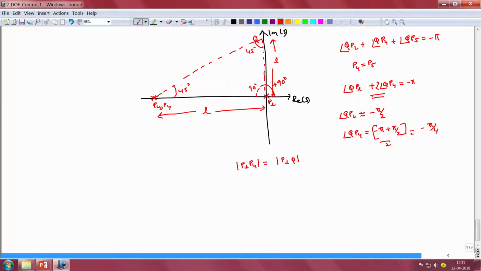Although the schematic that I have shown here does not indicate that these two lengths are the same, our calculation reveals that because of the particular distribution of the poles in this particular system, at the location Q the points P4 and P5 should each subtend an angle of minus 45 degrees.